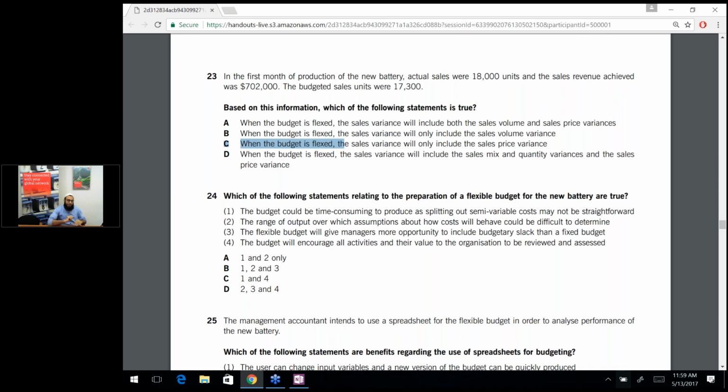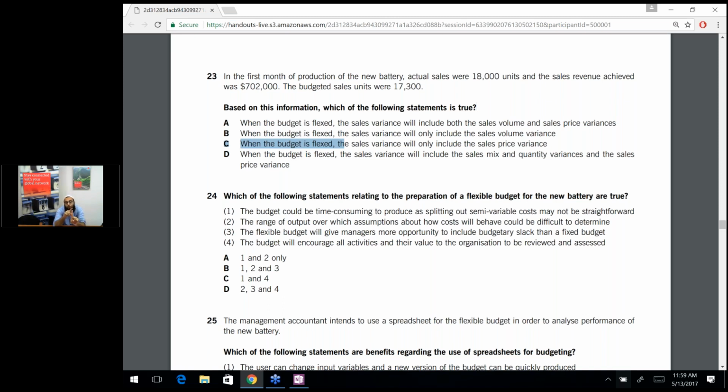Now, when the budget is flexed, what does flexed mean? I told you the concept. Don't get confused. Remember, I told you how to make a flexed budget. Units will be of actual.